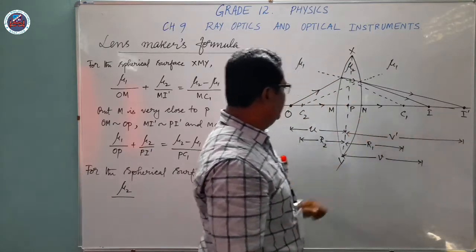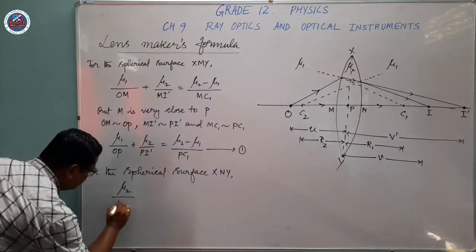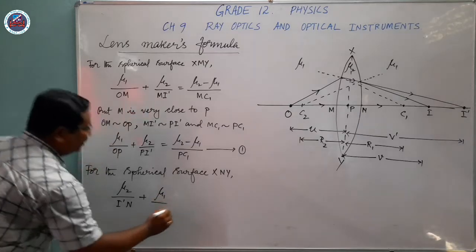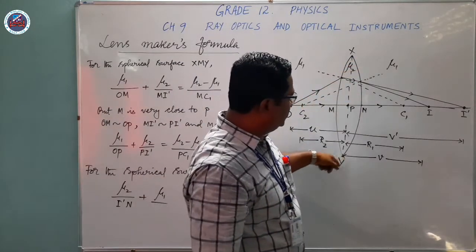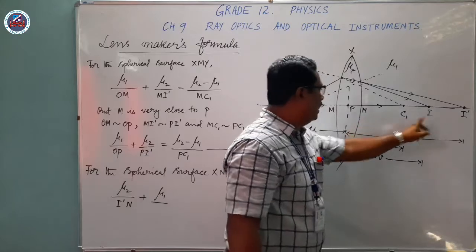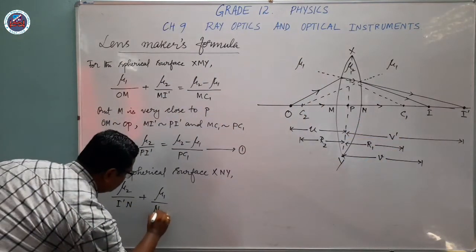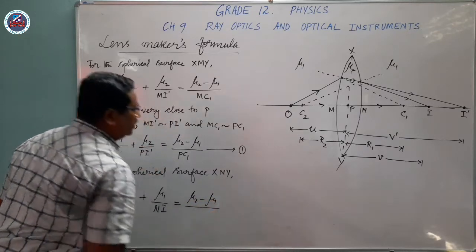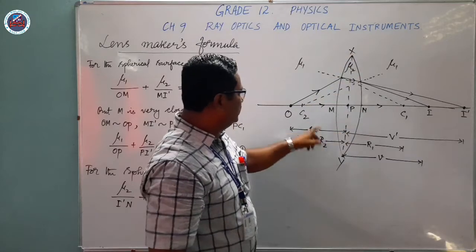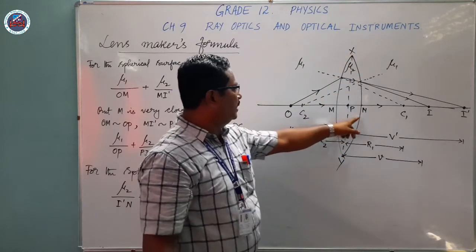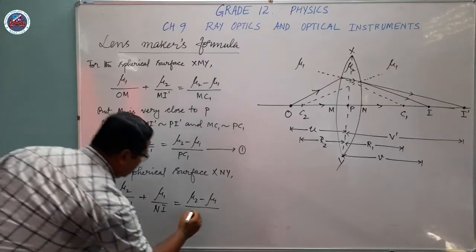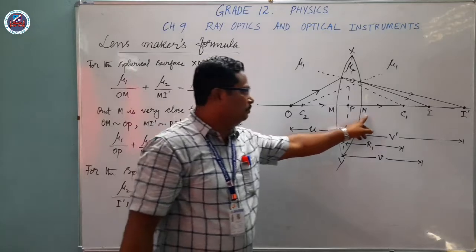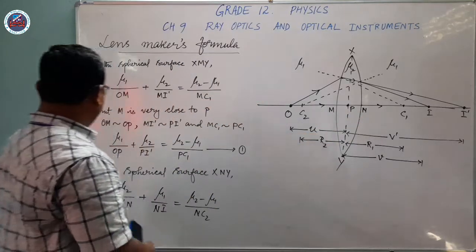So it is I dash N, plus mu1 divided by the image formed by this surface, which is I, so it will be NI. That is equal to mu2 minus mu1 divided by the radius of curvature. For the second surface, it is R2, so write NC2. Here also N is very close to P, so this N will be replaced with P.